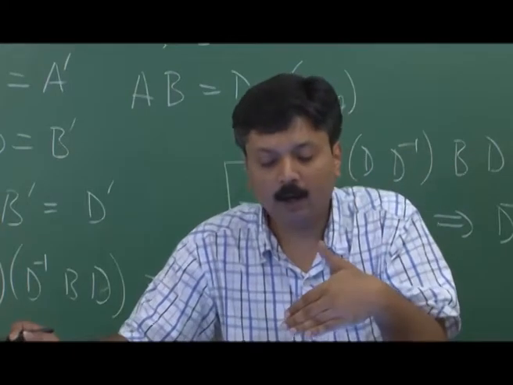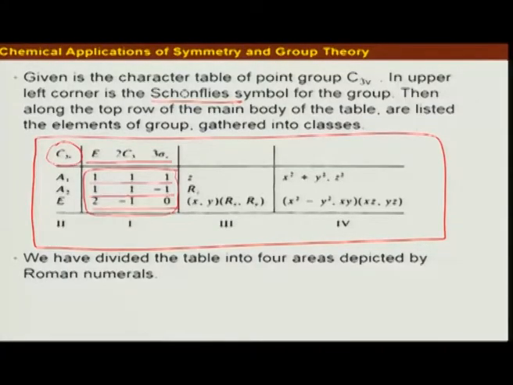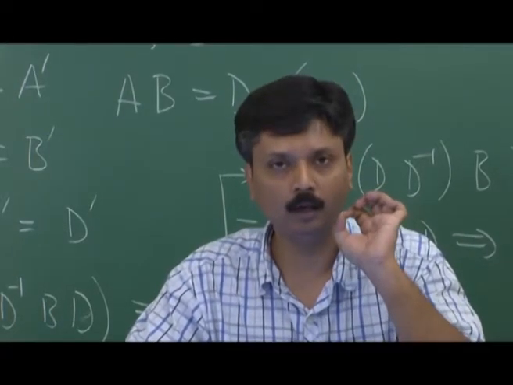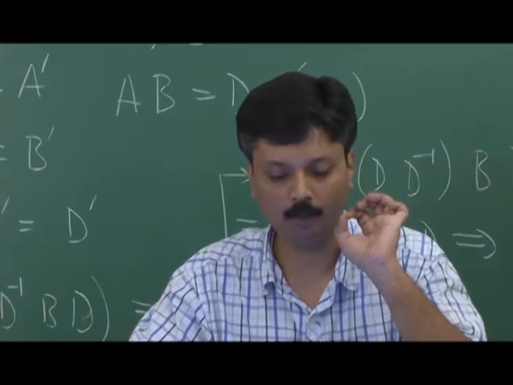And this number of rows, that is the number of IRs that are possible for a particular point group, is fixed. By doing an exhaustive analysis, people have already figured out the maximum possible number of irreducible representations for that particular point group.